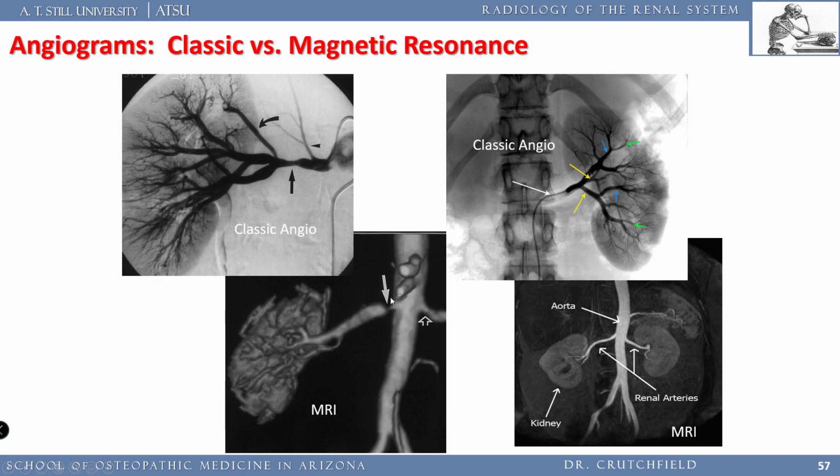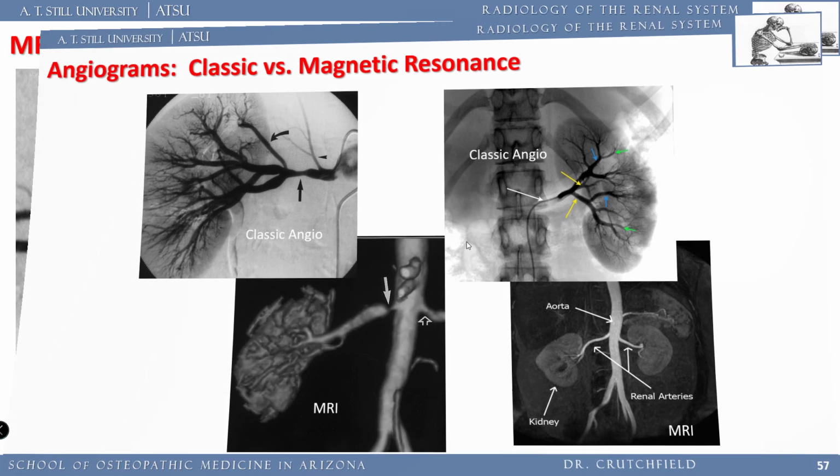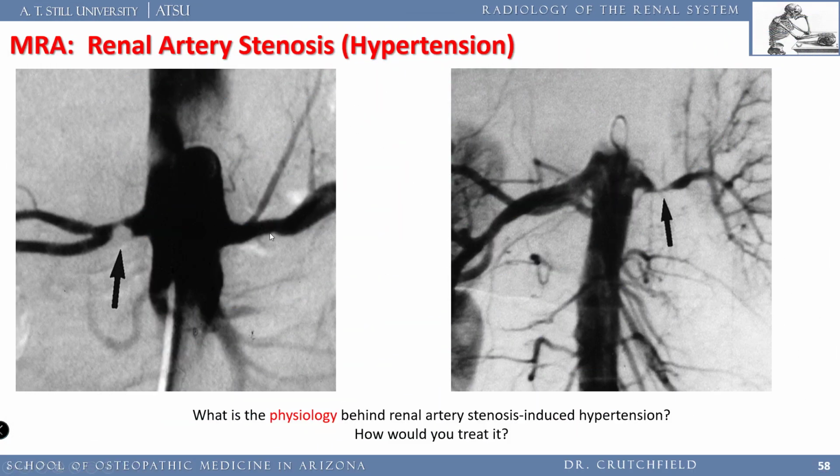So here's a good example of stenosis of the renal artery right there. So we do a classic angiogram. We run a catheter up through your femoral artery and into the iliacs and then up through the aorta, and we cannulate the renal artery and shoot some contrast in there, and we find they have renal artery stenosis right here.